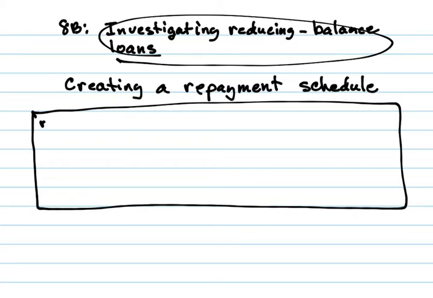The first column is simply the repayment number. When you first get a loan, you have made 0 repayments, so it's always going to start off with 0. And then you're going to make payments on your loans, 1, 2, 3, 4, and each one of those represents a repayment number based on how often you're told to repay the loan, right?